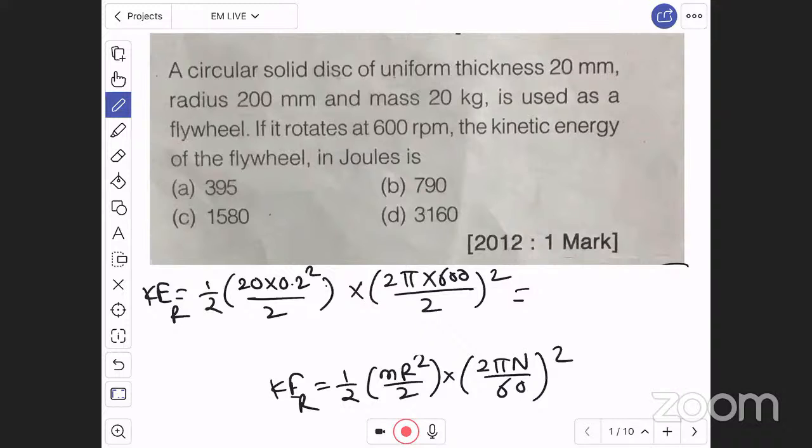Now I think the answer will be 790 joule. Therefore, option B is the correct choice. My dear students, check this answer.